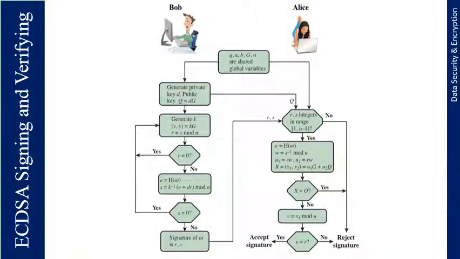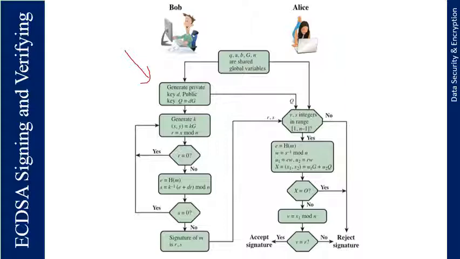So this figure illustrates the signature authentication process. As you can see, the global variables are initiated and shared between the users. The sender Bob generates a private key D and a public key Q, which is shared with the receiver Alice.